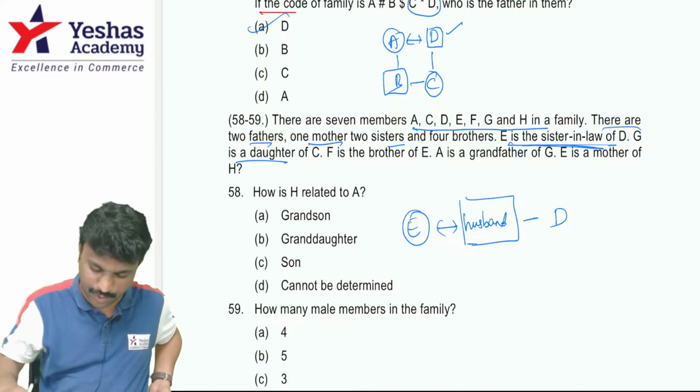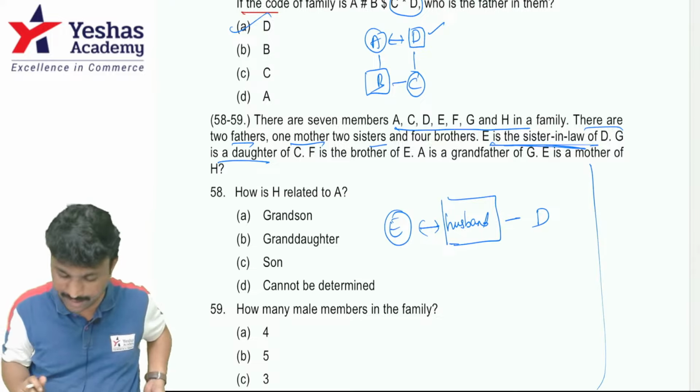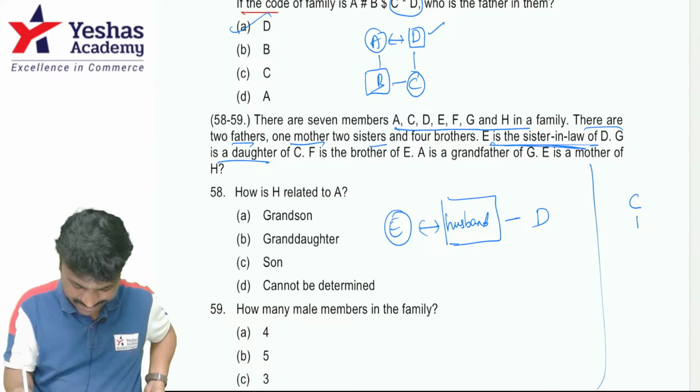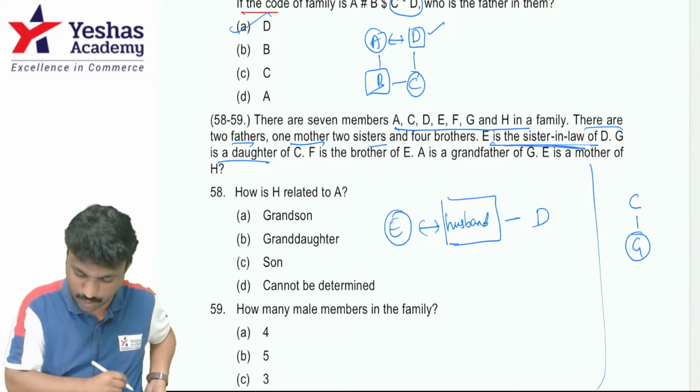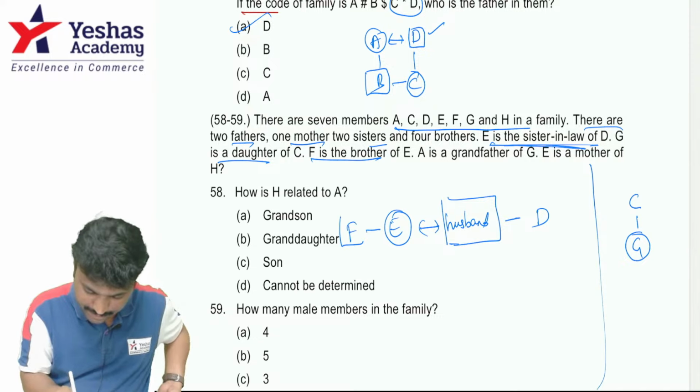Now G is the daughter of C. So we don't know where exactly in relation to E and D, so I'll just take it separately. G is the daughter of C, so below C, G should be there. Then F is the brother of E. I can mark F beside E, brother.